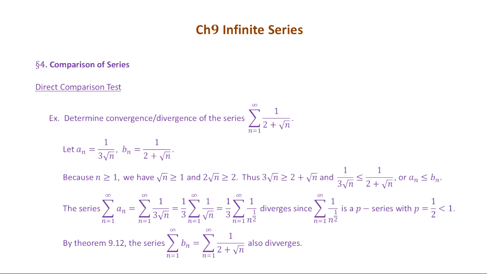Now by the comparison test or direct comparison test, because a_n is less than or equal to b_n, so if a_n diverges, then b_n has to diverge. So by the theorem, we got the series b_n, which is 1 over 2 plus square root n in the problem, also diverges.